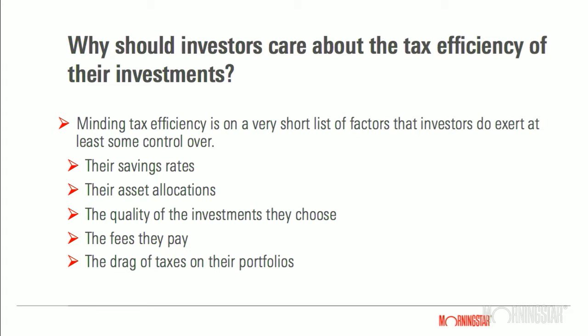The total costs that you pay for your portfolio on an ongoing basis. So this would include fund expense ratios, trading costs, commissions, any advisory fees that you're paying. Those will certainly also have a big influence on your portfolio's return. And finally, tax efficiency, I would put on that list as well as a key factor that investors do exert some control over.